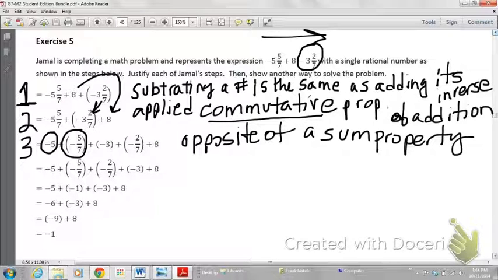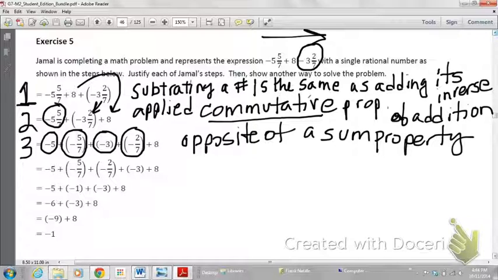Remember, both parts of that mixed number are going to stay negative because they are negative. Then he's taken negative 3 2/7 and done the same, and turned that into the sum of negative 3 and negative 2/7, and of course left the 8 by itself. Okay, left the 8 alone.